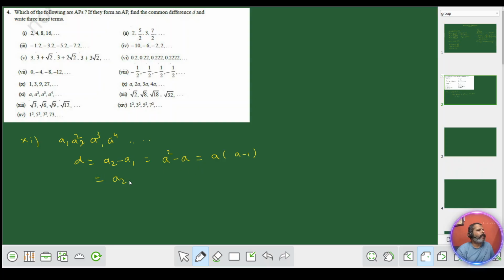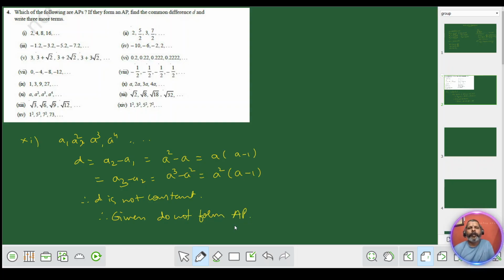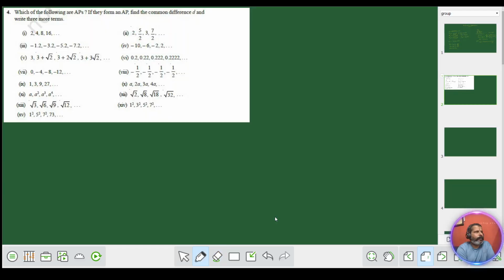That is a3 minus a2. We'll try for 2: a cube minus a square, a square is common, a minus 1 will come. See, if you observe, d is not constant. Therefore, the given sequence does not form an AP. Yes. So we'll move to the next question, the 12th one.